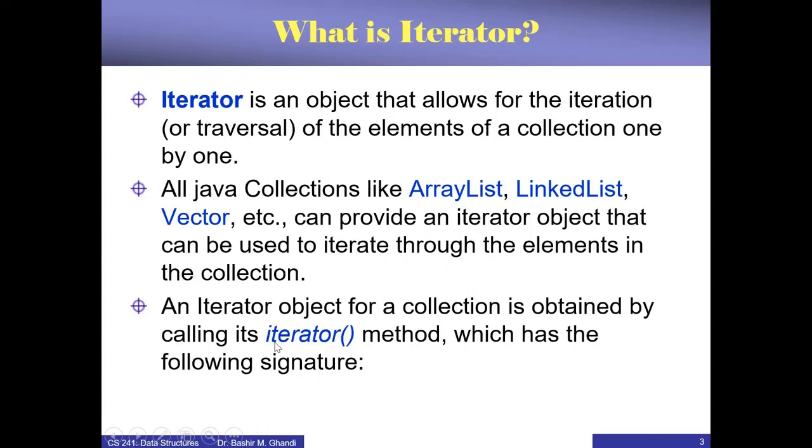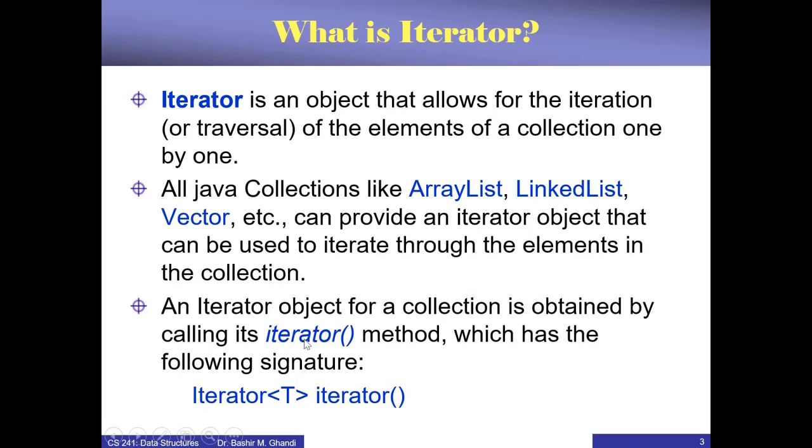I hope it's not confusing. The method itself is called iterator. Of course, all methods start with a small letter, so the method itself starts with a small i, and of course it will have the brackets at the end. So any collection that can give an iterator will have this method. And if you call it, you're going to get an iterator object. We will see an example of what I mean in a moment.